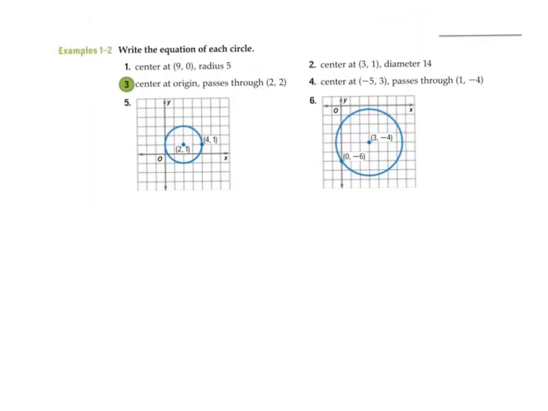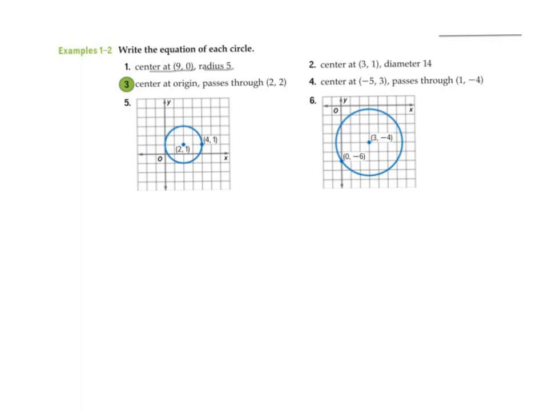Okay, so let's have a look at some of these questions that fit in with the examples they've got. But let's have a look at question number 1. You're told that the centre is 9, 0. You're told that the radius is 5. And you know that the equation is x minus h squared plus y minus k squared equals whatever the radius squared is.